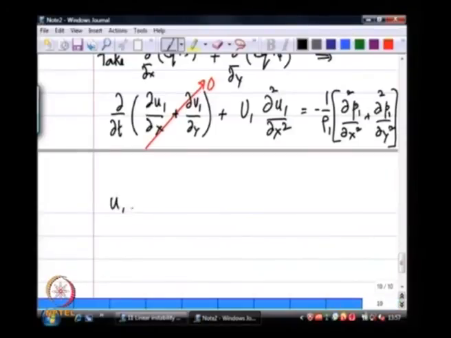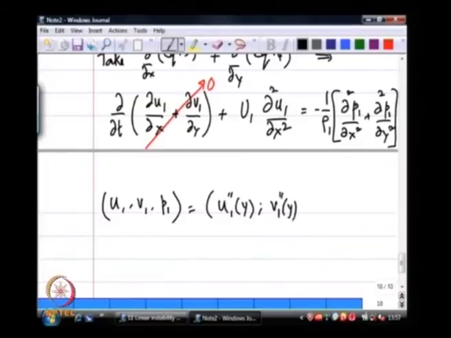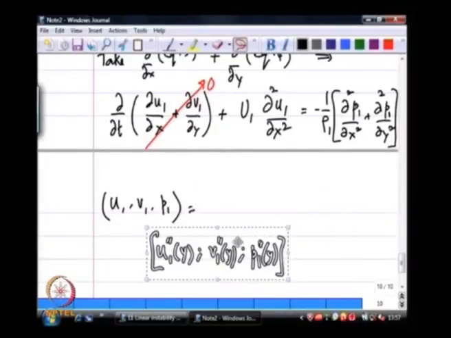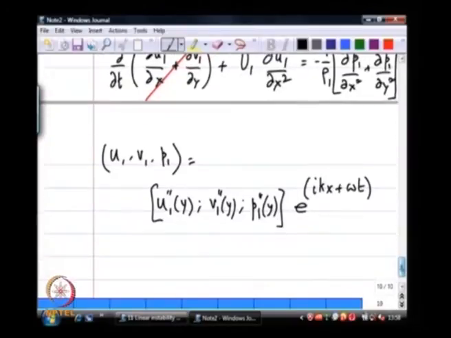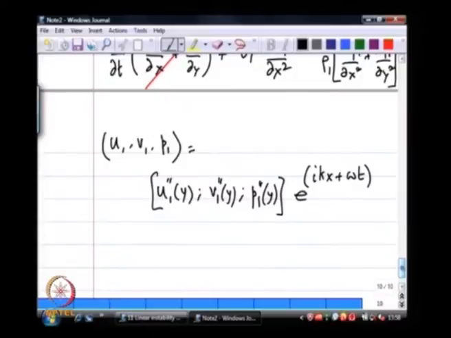If I make the assumption that u 1, v 1, p 1 are all equal to some u 1 double prime of y, v 1 double prime of y and p 1 double prime of y, times e power I k x plus omega t, if I make this assumption.